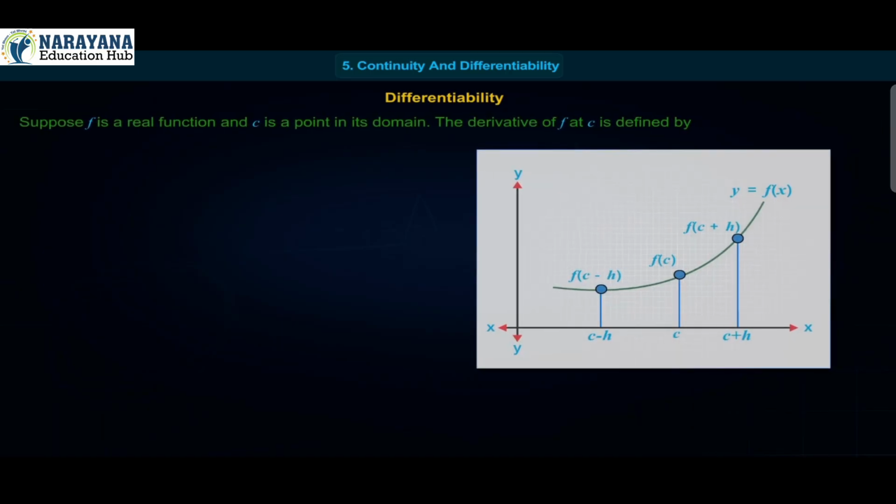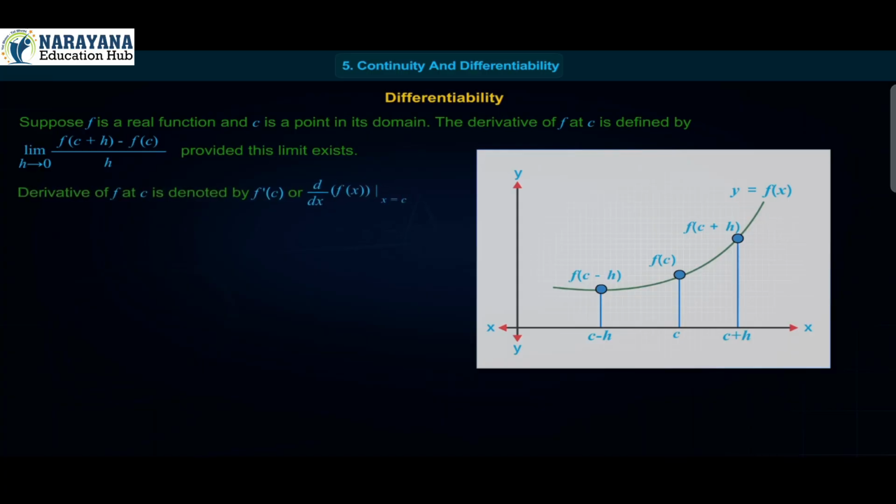Differentiability. Suppose f is a real function and c is a point in its domain. The derivative of f at c is defined by limit h tends to 0 (f(c + h) − f(c))/h, provided this limit exists.